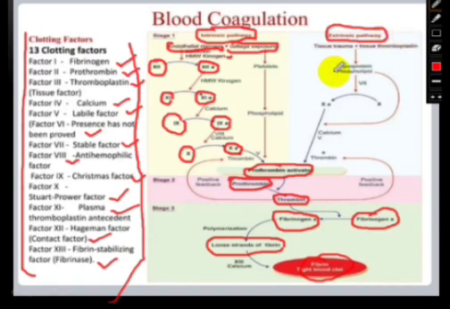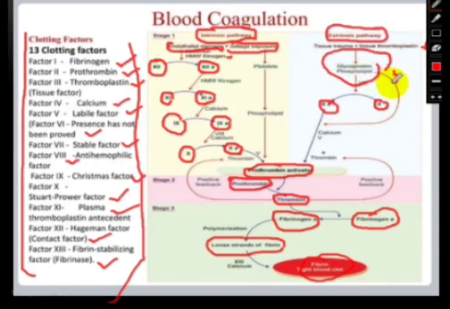So the extrinsic pathway: tissue trauma reacts with tissue thromboplastin, leading to the secretion of glycoproteins and phospholipids. Now, before we get to factor 10, there are other factors that are activated.